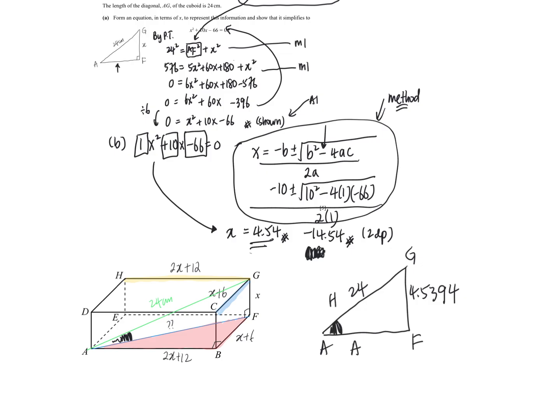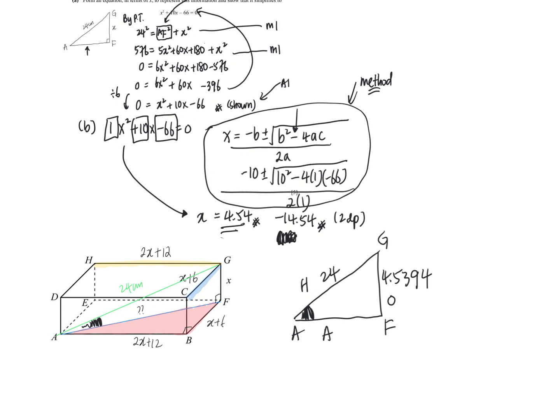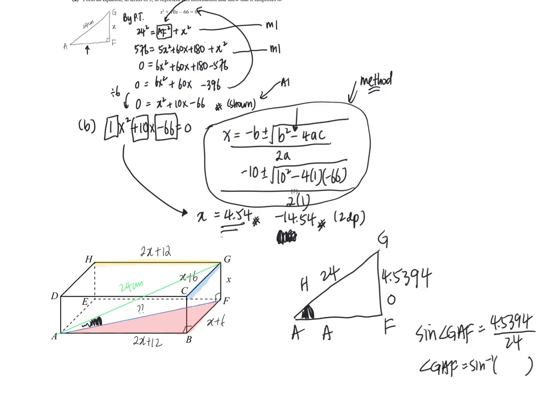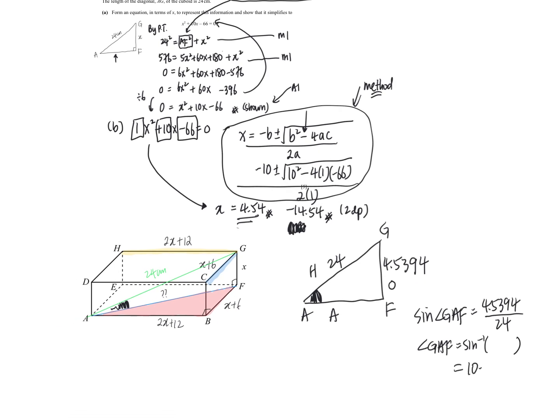H, A, and O. If you want to use A from just now, you need to go and find it. But if not, I will use sine in this case. So O over H. So to find GAF, you sine inverse the whole thing. So answer should be 10.9.